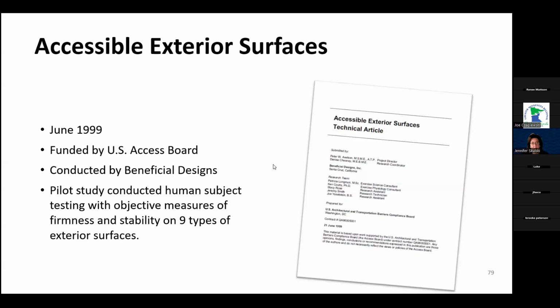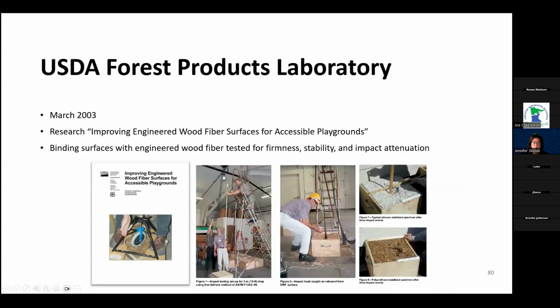That was one of the first times it was actually used in outdoor environments. The Forest Service lab has used the device to test different binding surfaces for engineered wood fiber, and that was the way that they tested for firmness and stability and issued their report.